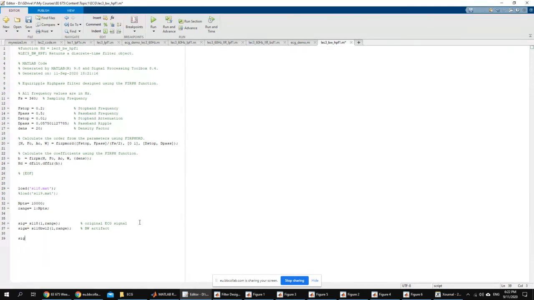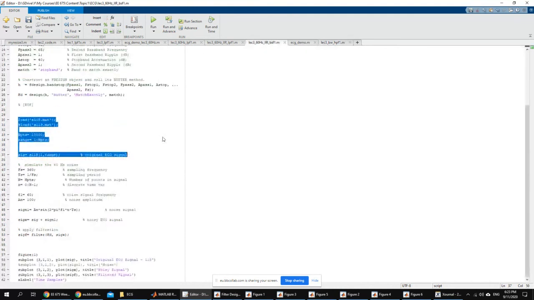And I'm going to do exactly the same as I did before: sig f equal to filter of HD and sig x. Maybe I should just get the same figure that I had here.